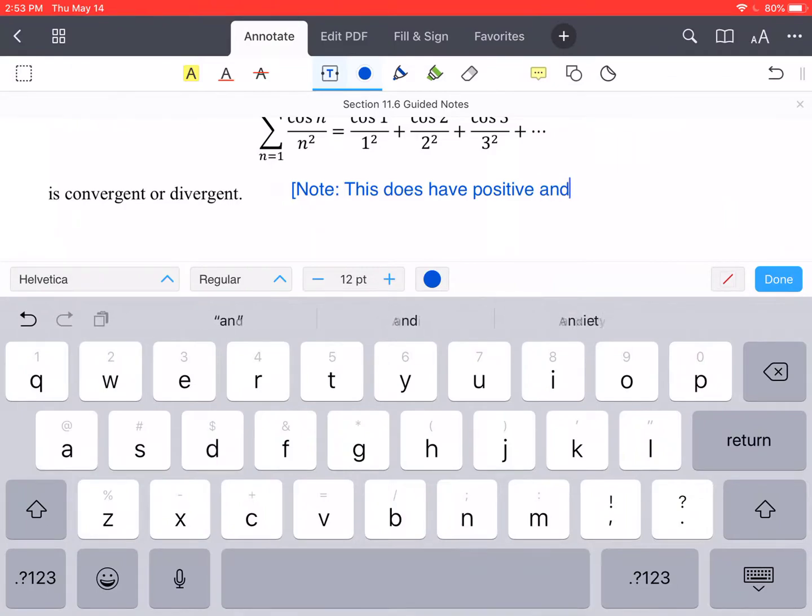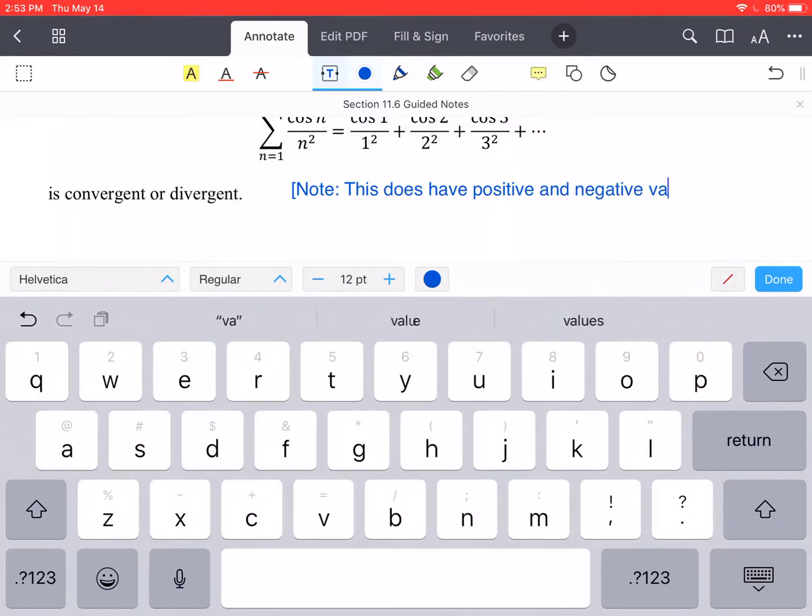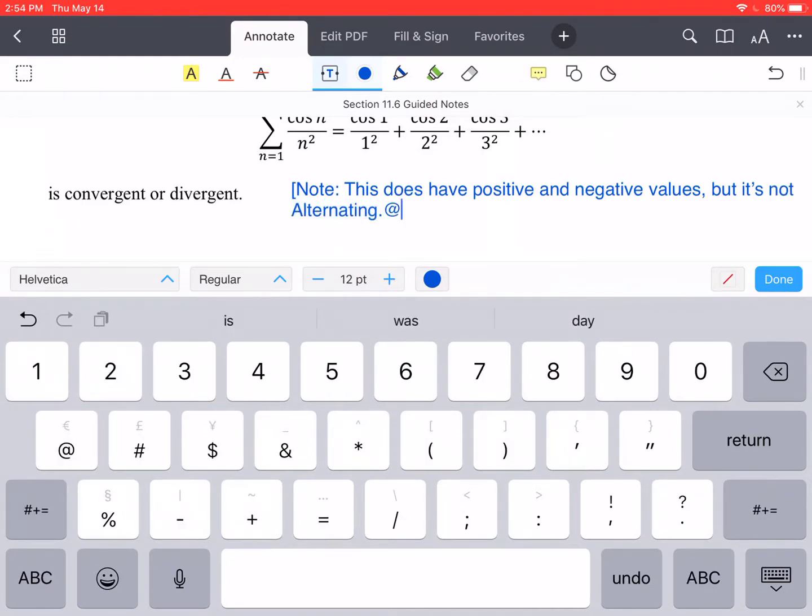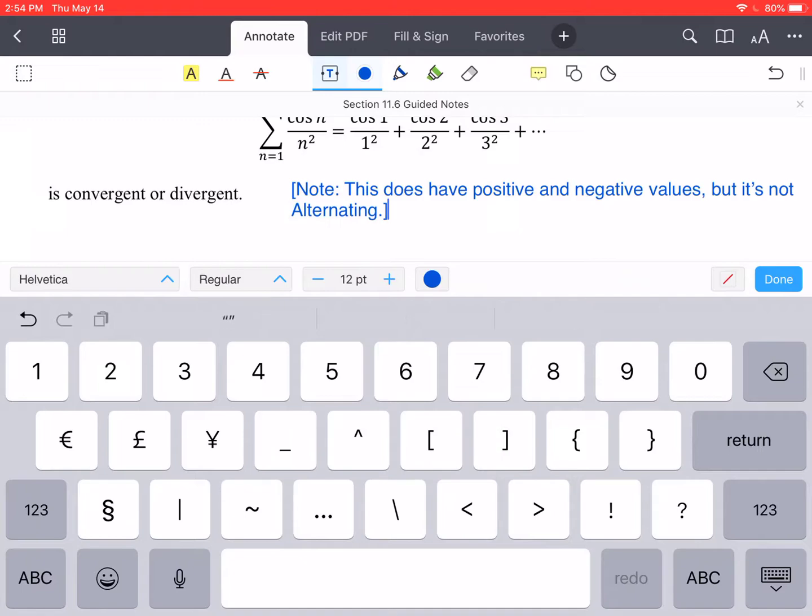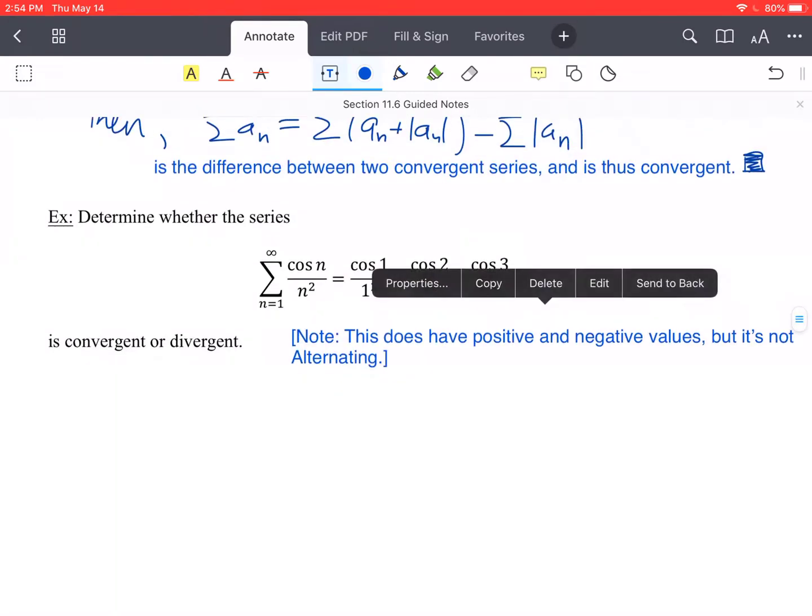But it's not alternating. And that's going to be an important feature of this.